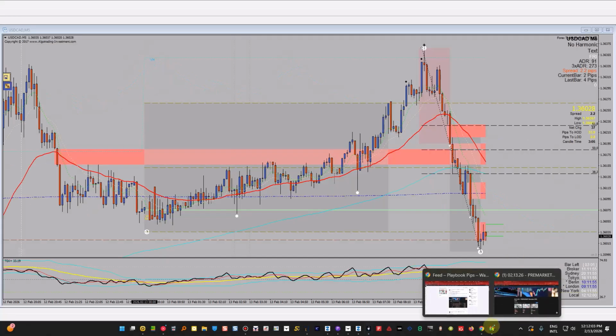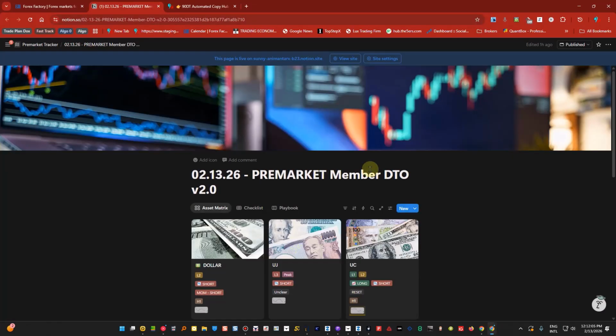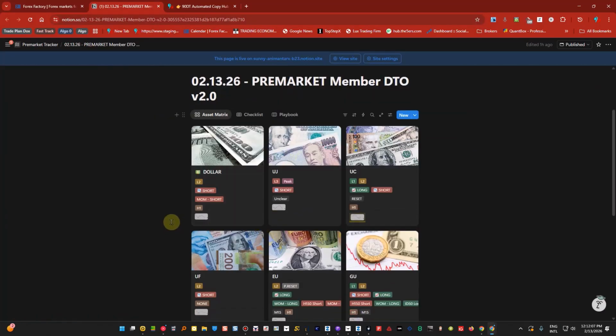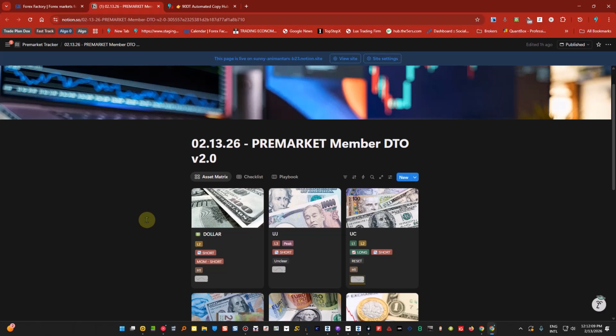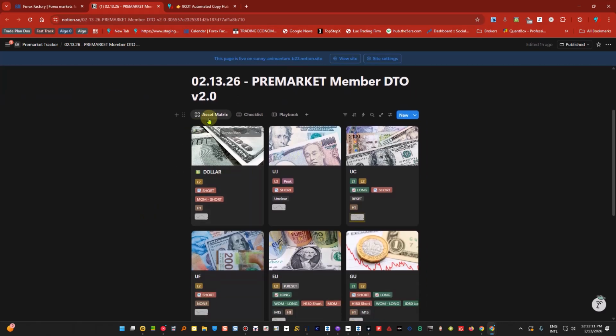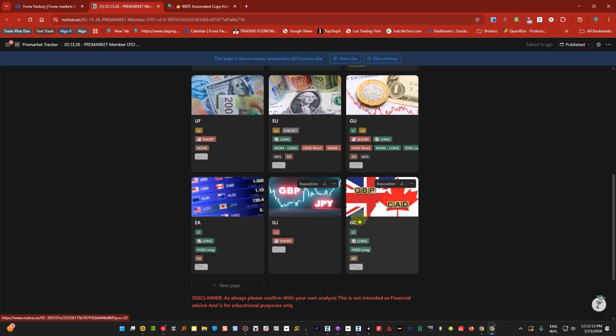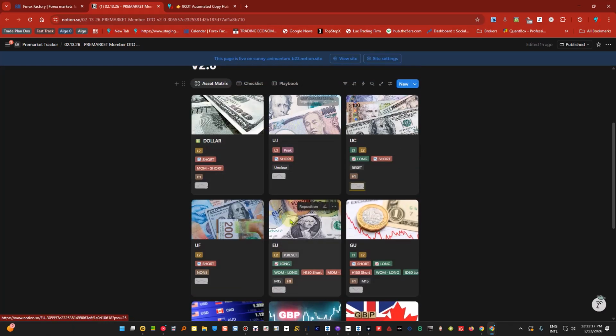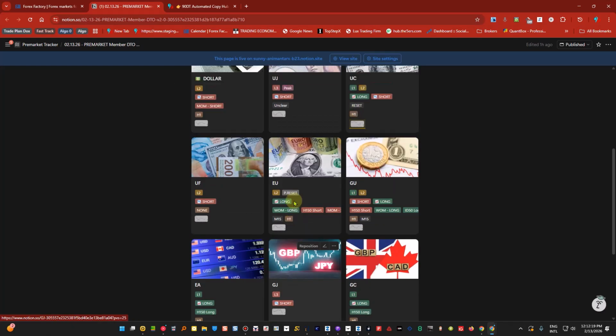Now, lastly, to close out, here's the pre-market. This is what the pre-market looks like. You come to an asset matrix. It lets you quickly identify what's going on with the currency pairs that we are watching. We have most of the majors. I wanted to keep it to under 10 instruments.